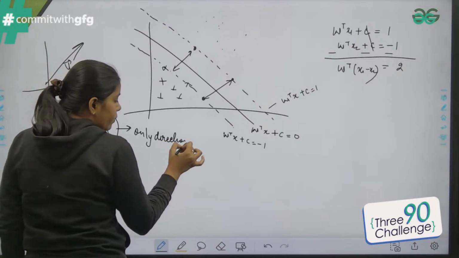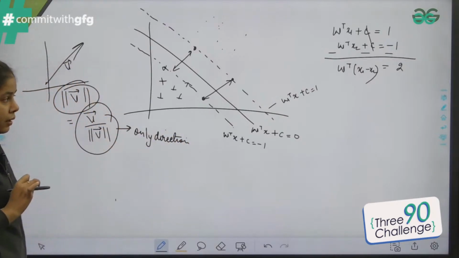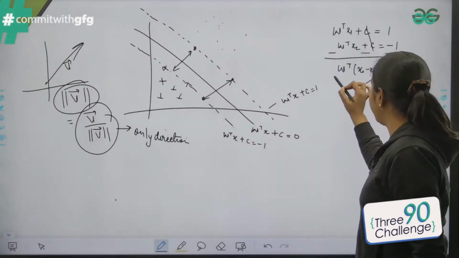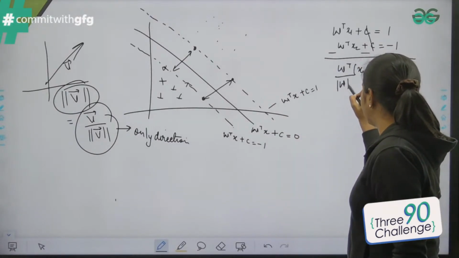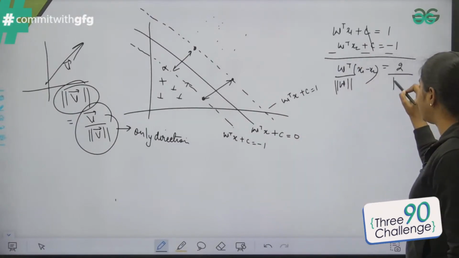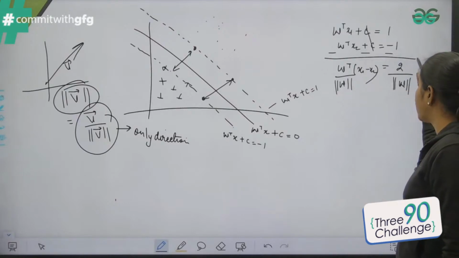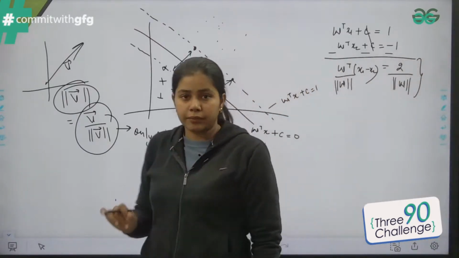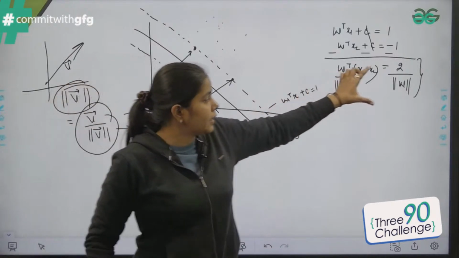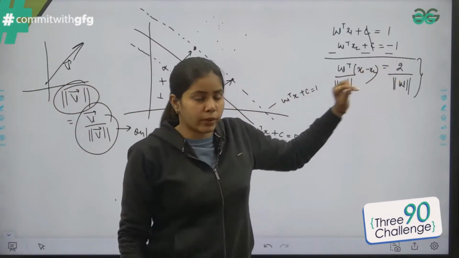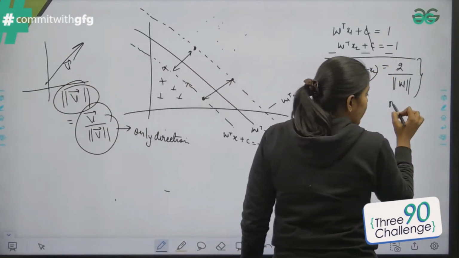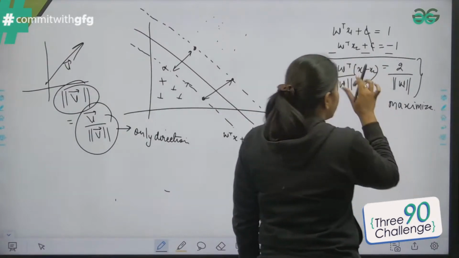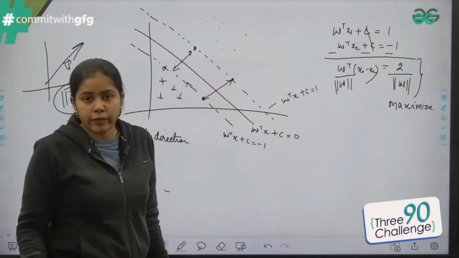It would give me only direction, right? So here I got this distance. If I divide with norm of w, the magnitude of w, and here as well norm of w, you can see that on the right hand side we get only the distance, right? Because I have divided, I get 2 upon mod of w, and I want to maximize this distance, because on the left hand side we are only left with that direction.